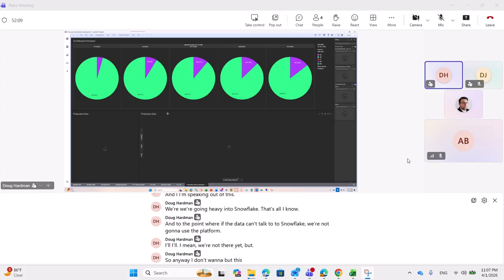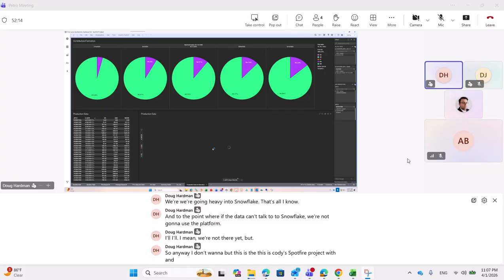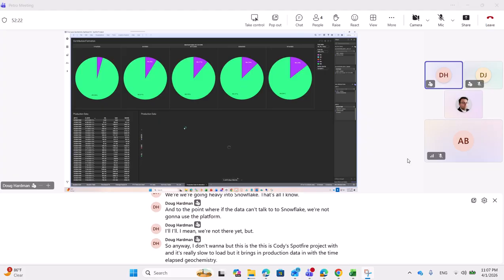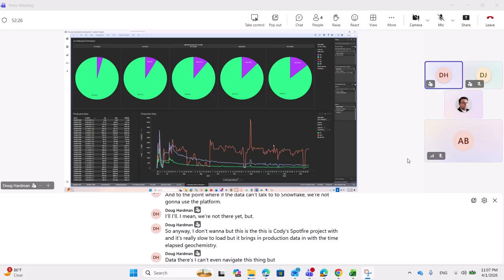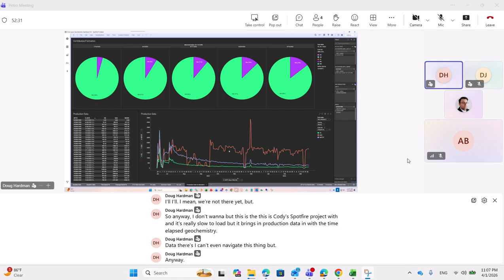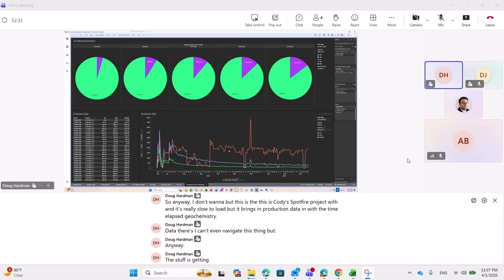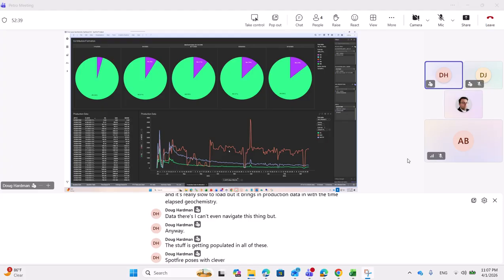This is Cody's Spotfire project and it's really slow to load, but it brings in production data with the time-lapse geochemistry Revochem data. I can't even navigate this thing, but the stuff is getting populated in all of these Spotfire projects by clever guys that can do Python.